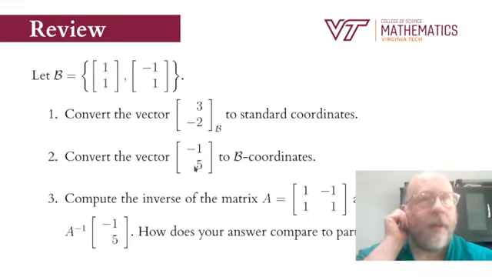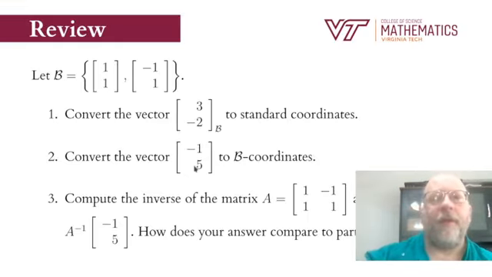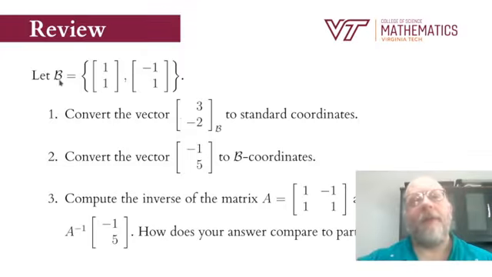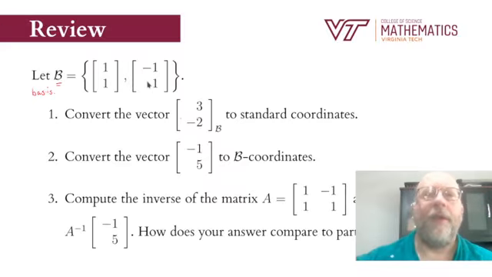I want to start by reviewing something from chapter 3 that allowed us to work with these alternate coordinates. So we have a basis here. This is not the standard basis, but this is still a basis because in the echelon form, we have a pivot position in every row and every column.